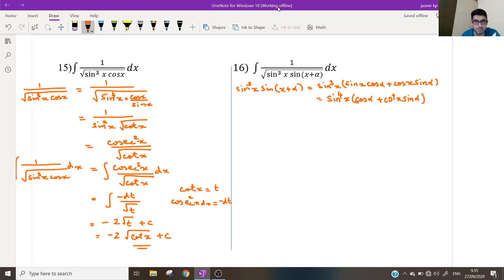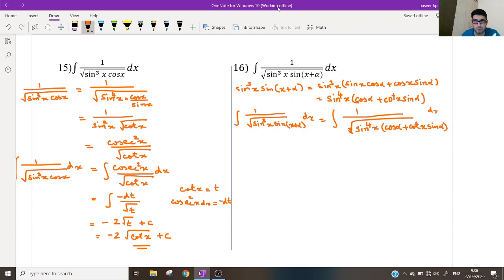So the expression here is integral 1 by under root sine cube x into sine x plus alpha dx. So it's equal to integral 1 by under root sine to the power 4 x, cos alpha plus cot x sine alpha.